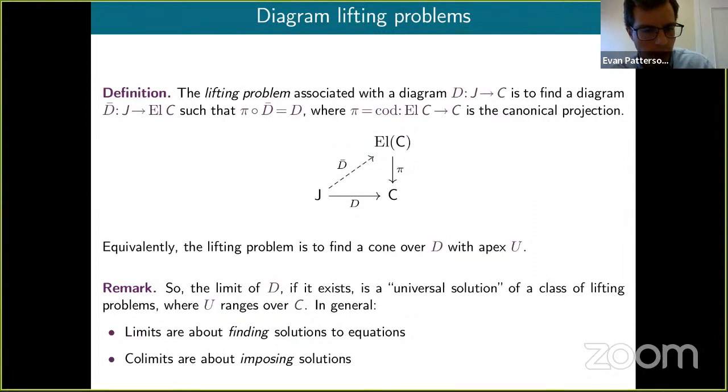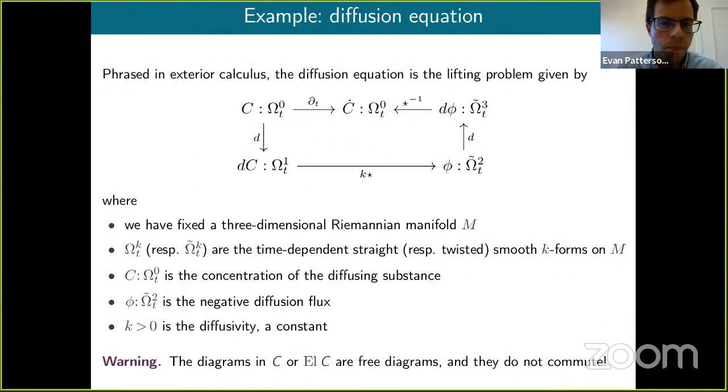And I'm not going to say too much about this, but that makes sense, because a good intuition is that limits are about finding solutions to equations, whereas colimits are about imposing solutions on equations. And so, when we solve a PDE, we don't want to change the PDE, we want to find solutions to the PDE in any event. Okay, so I think an example will help bring this out a bit.